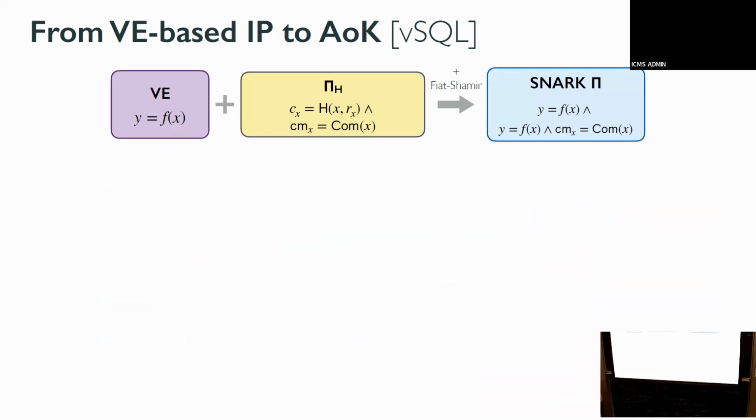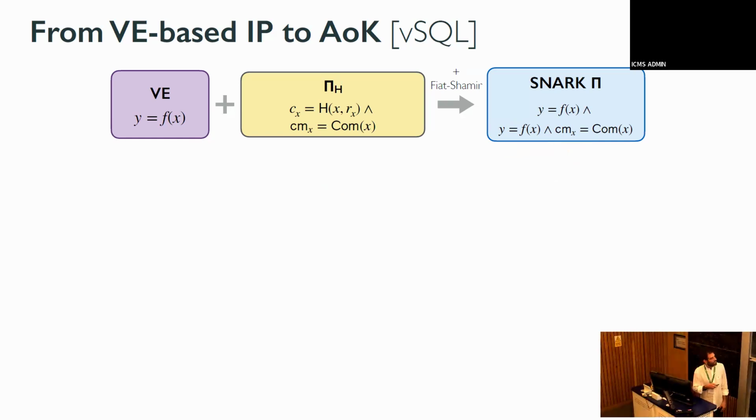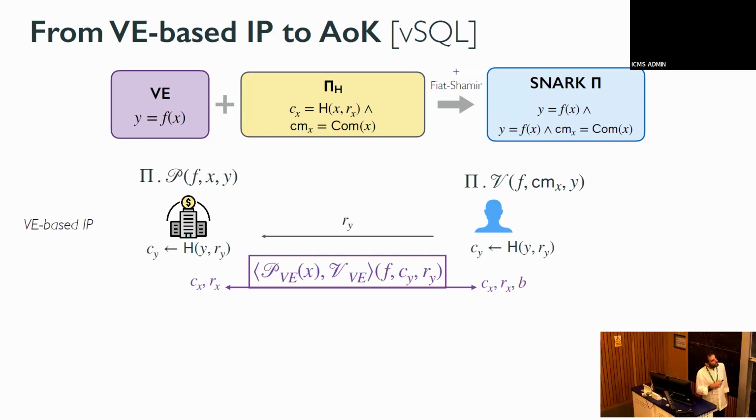You want to prove something like Y is f of X, and you have a commitment to X. So the idea is that you take the verifiable evaluation. This comes from the VSQL paper. You execute the verifiable evaluation scheme for F, and you plug it in as an interactive proof, where there is this output fingerprinting at the very beginning.